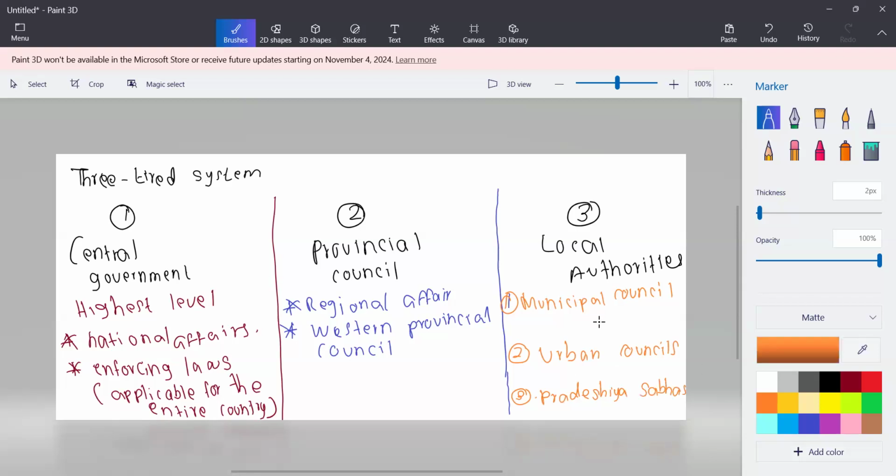Municipal council is for cities. Urban council is for towns. Pradesha Sabha is for rural areas. Clear?